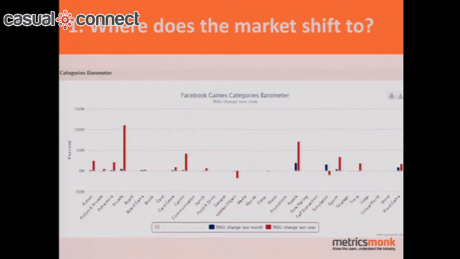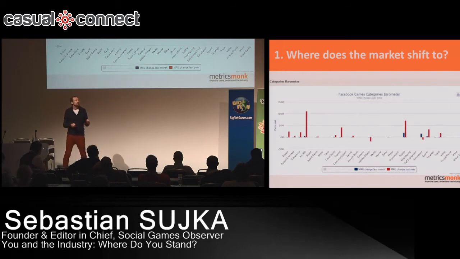So you can see that in puzzle you have extraordinary growth. The reason is that developers started to categorize match 3 games as puzzle games. Previously they were branded as arcade games, but now it's puzzle, because it is kind of a puzzle, and it's easier to get recommended in this category.